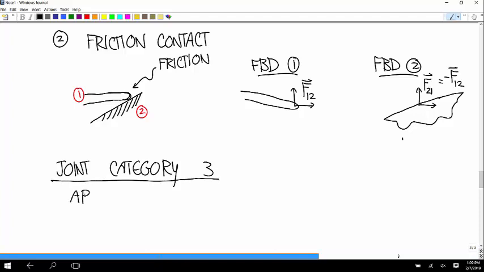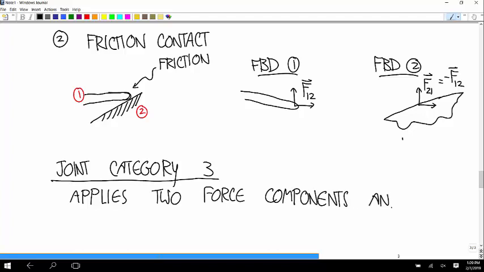And this applies 2 force components and a couple.